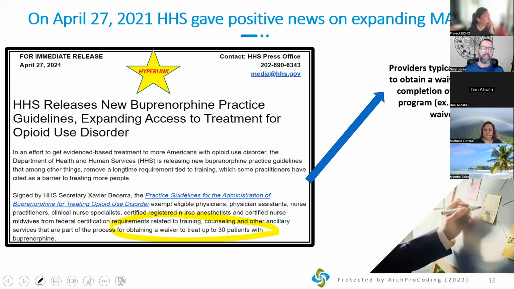But in the case of this press release, you can actually get an exemption from having to get a waiver. Does that confuse you enough? An exemption from having to get a waiver that would allow you to treat up to 30 patients concurrently with buprenorphine, essentially buying your providers another year to get trained and able to provide buprenorphine.